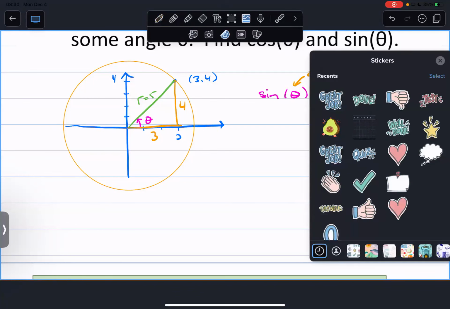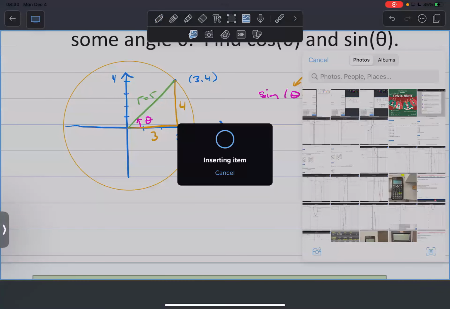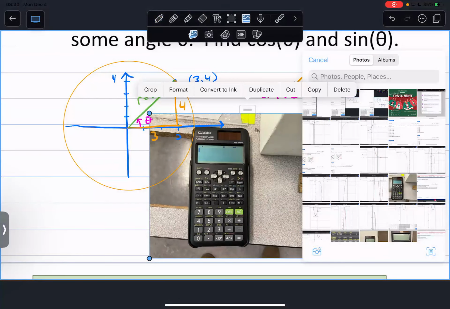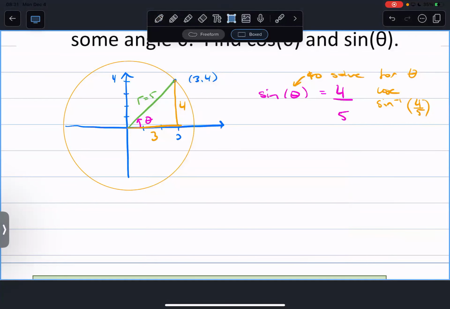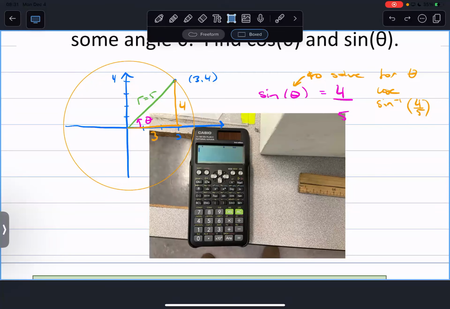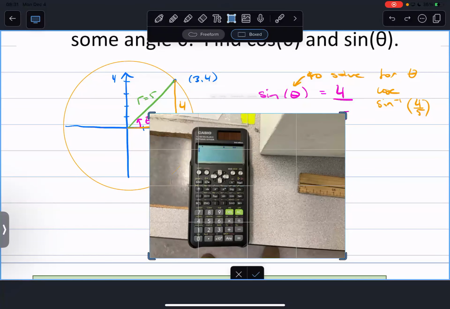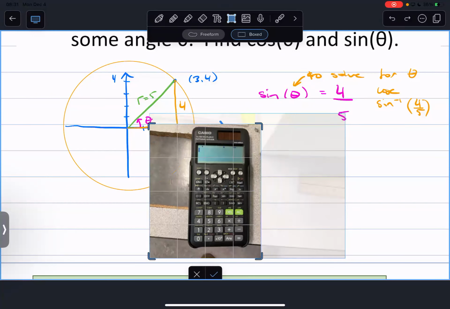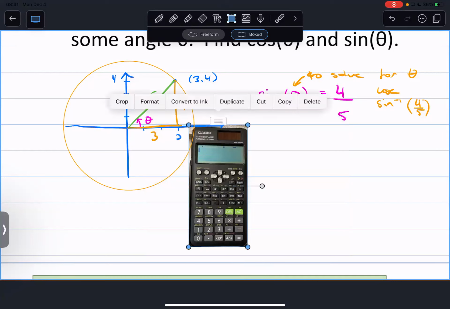And let's see here. I'll use this calculator. Just doesn't want to behave today.